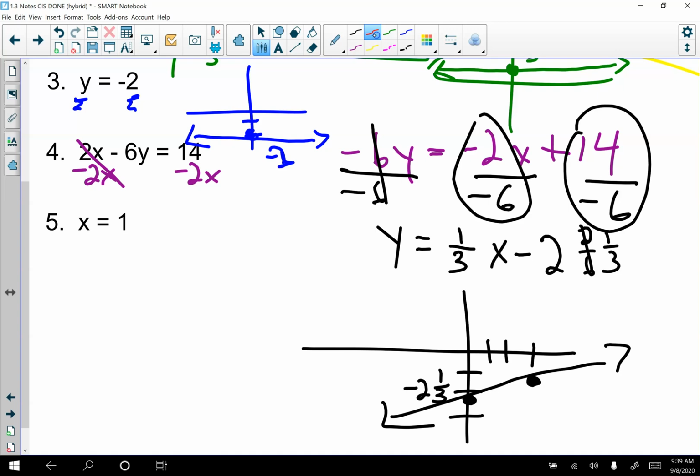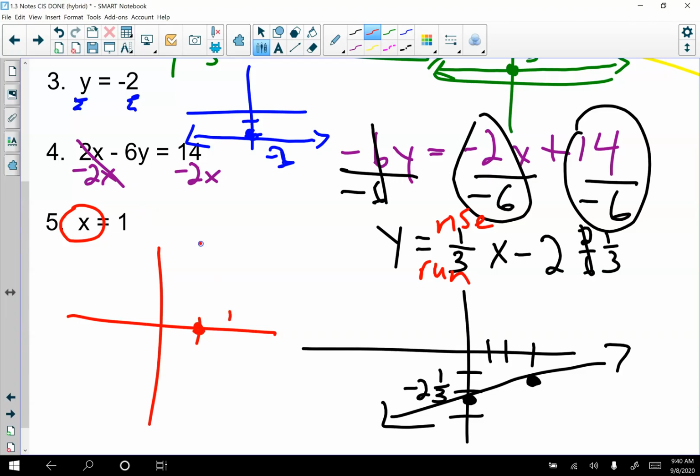So again, this is my rise over run. Last one is just one variable, so I know it's going to be horizontal or vertical, and it'll tell me by knowing which one I'm crossing over. So I'm crossing over the x-axis at 1. So it's going to be vertical.